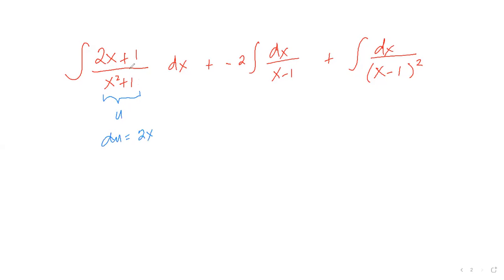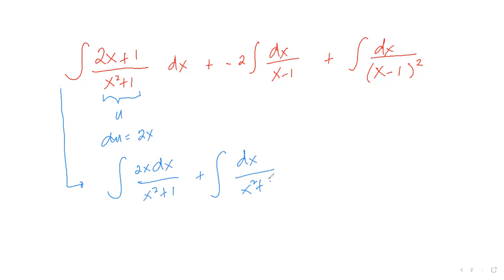So you can actually split this too. This integral can be split in two. You have a 2x dx over x squared plus 1, and another one for this, plus the integral of dx over x squared plus 1, and this one you copy, minus 2 integral of dx over x minus 1, that one integral of dx over x minus 1 squared.